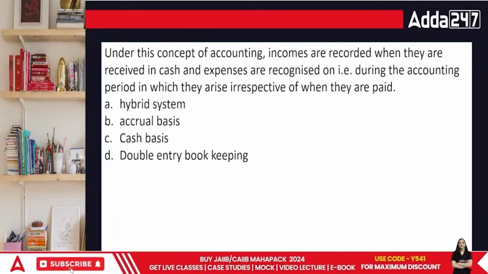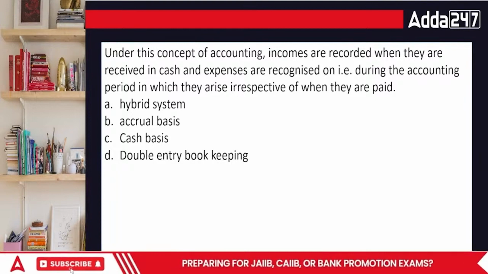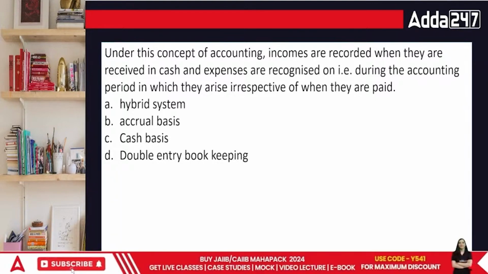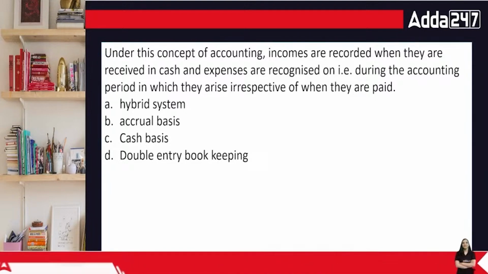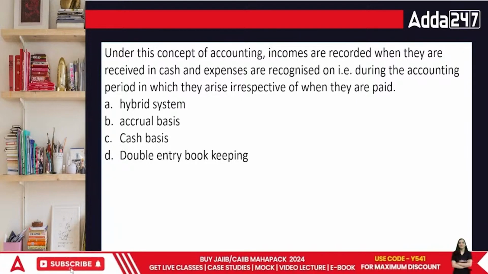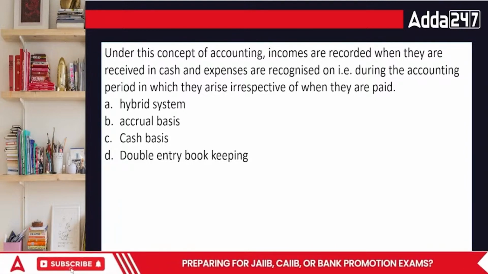Hybrid system, accrual basis, cash basis, or double entry bookkeeping. Double entry bookkeeping is basically the basic level through which we record everything, right? That's one of the basics that we know about, right? So what are we going to do with the answer there?